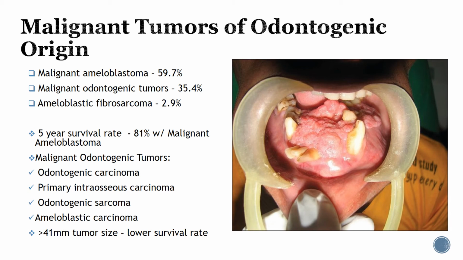Malignant odontogenic tumors encompass a group of diagnoses including odontogenic carcinoma, primary intraosseous carcinoma, odontogenic sarcoma, and ameloblastic carcinoma. For all lesion types, patients with tumors that were 41 mm or greater in size experienced the lowest survival rate.